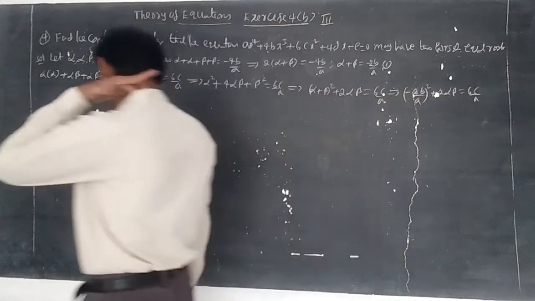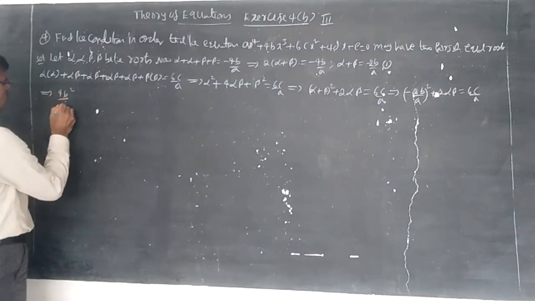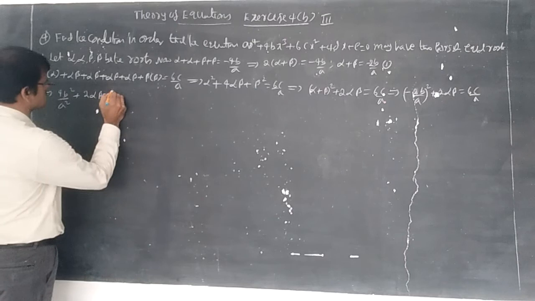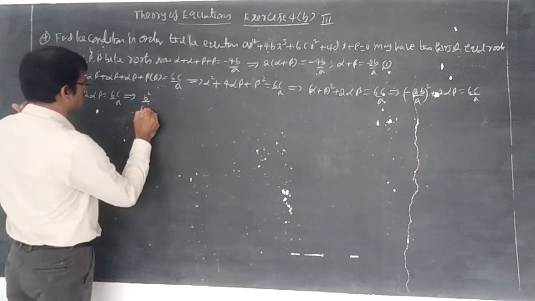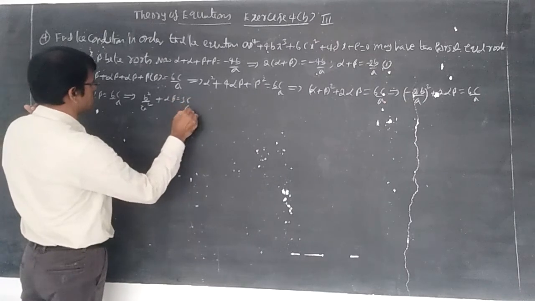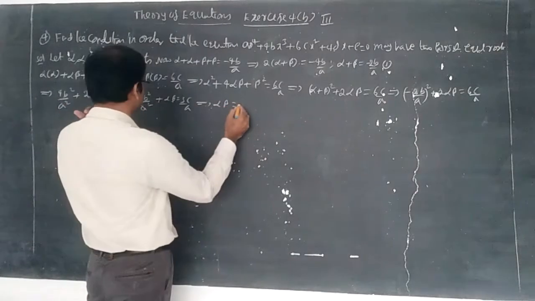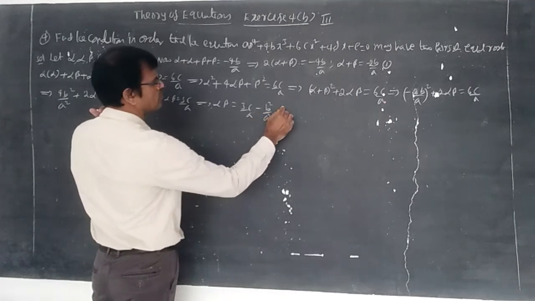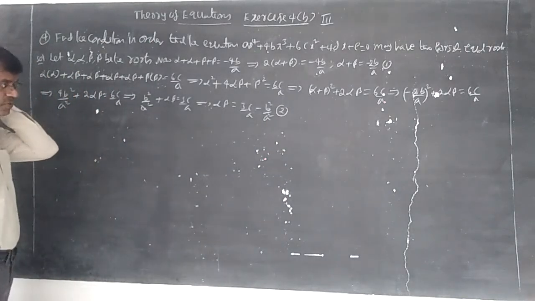So 4b square by a square plus 2 alpha beta is equal to 6c by a. That implies b square by a square plus alpha beta is equal to 3c by a. That implies alpha beta is equal to 3c by a minus b square by a square. Put it as equation number 2, so we can substitute the alpha beta value here.